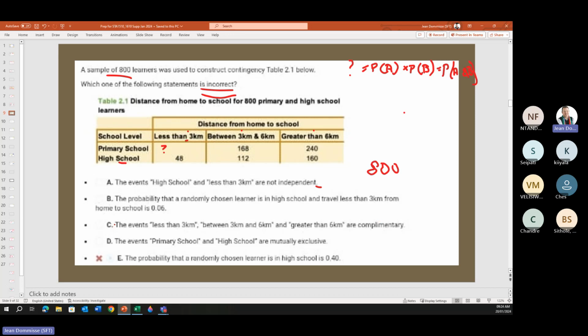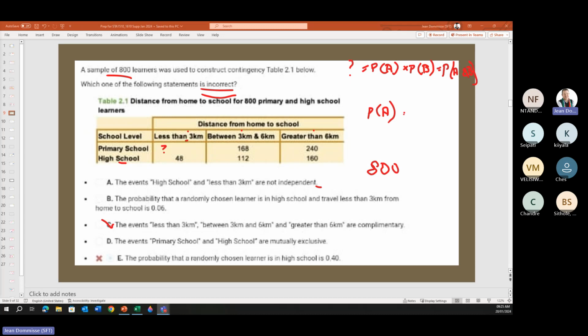Okay, so that is correct. So remember, complementary normally is, if the probability of A, the complementary of that would have been 1 minus the probability of A. So basically, if you're not in A, you're in the other one.